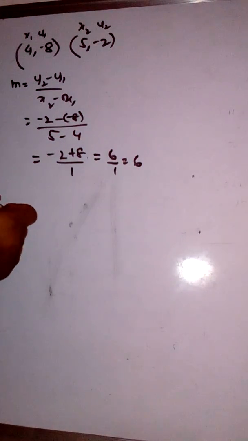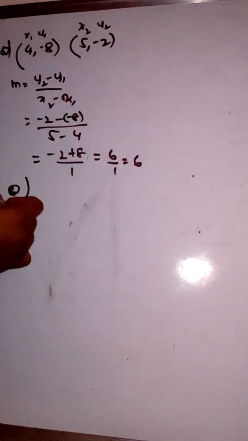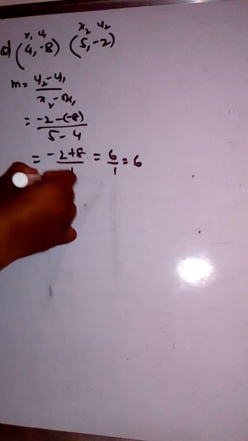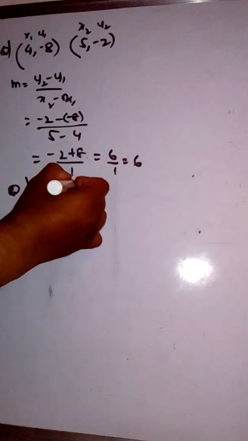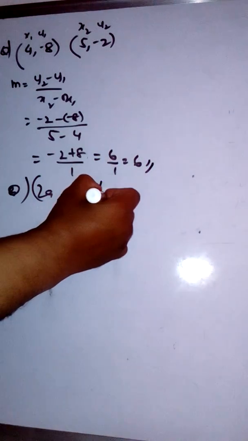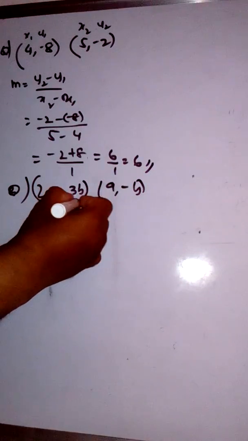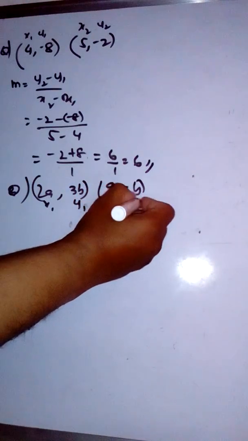Next question. I'll take this as 2a comma 3b, and we have a comma minus b. So this is x1 y1 and this is x2 y2.